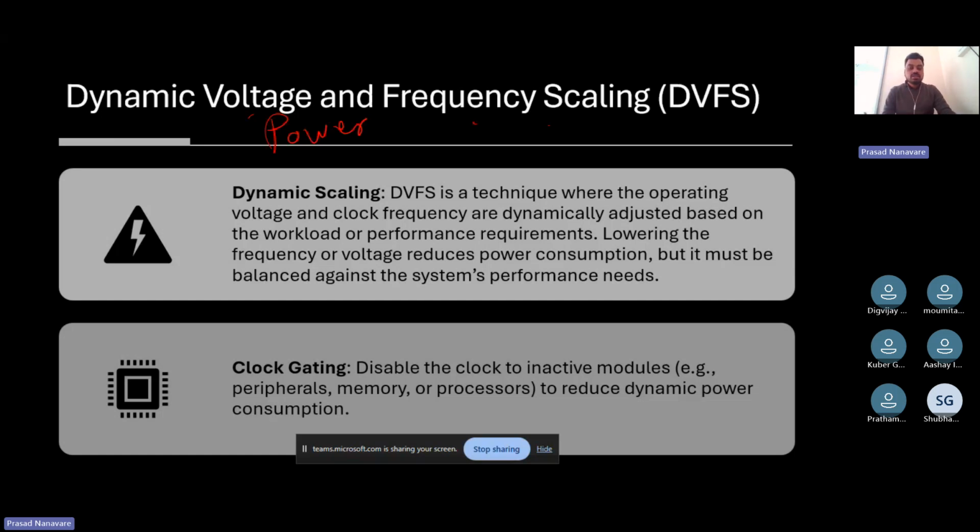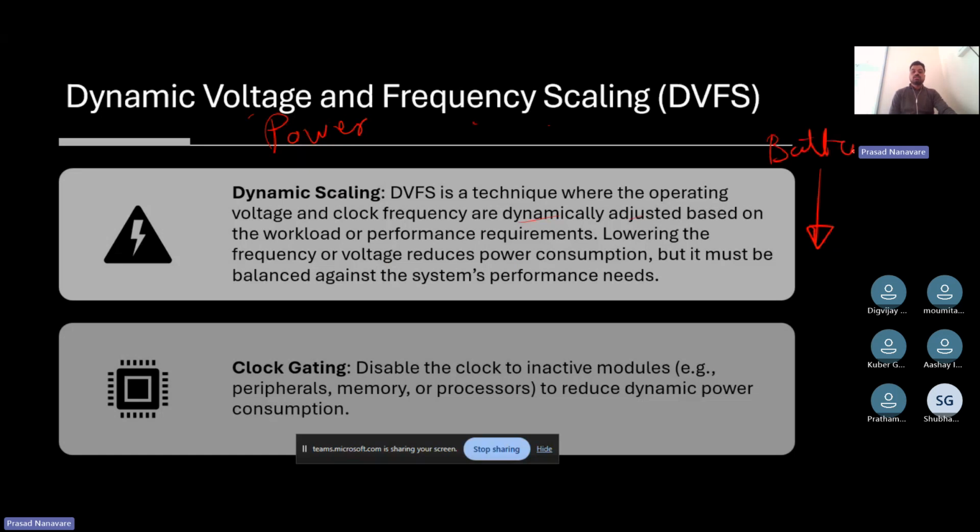Dynamic scaling is a technique where the operating voltage and clock frequency are dynamically adjusted based on the workload and performance requirements. If we are able to work on this part, dynamically changing the voltage and frequency, then again power consumption is going to be low and the system battery is going to last.